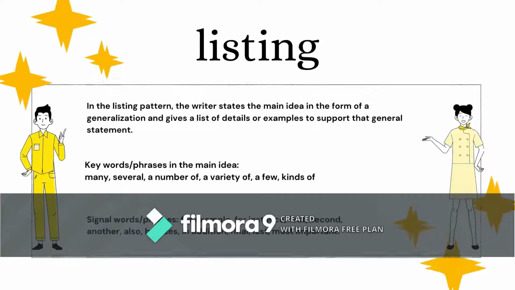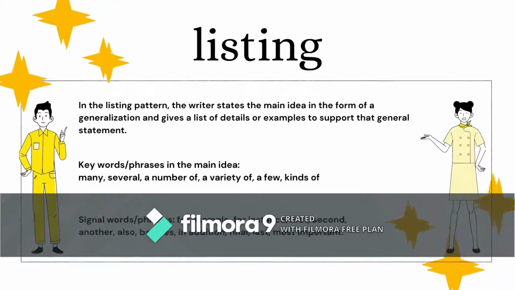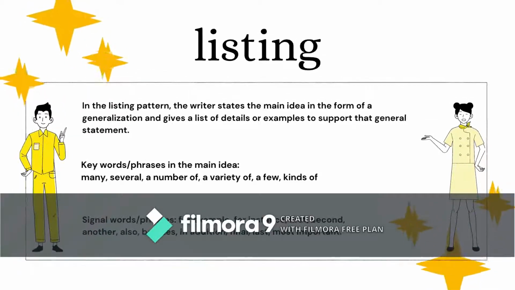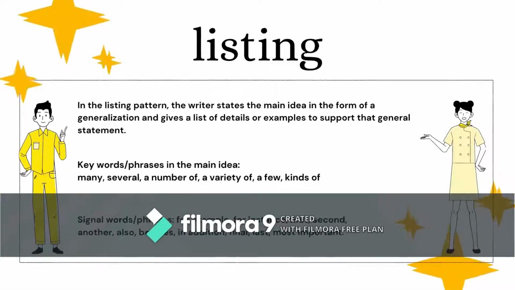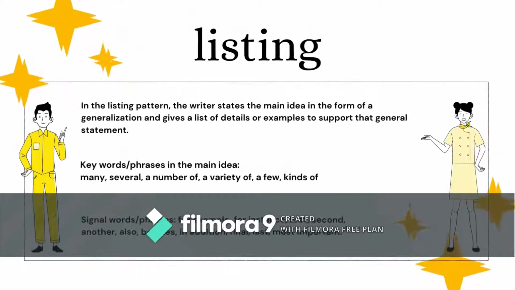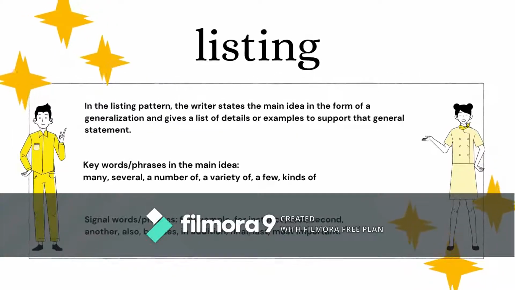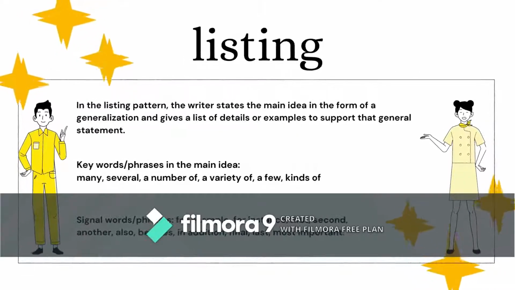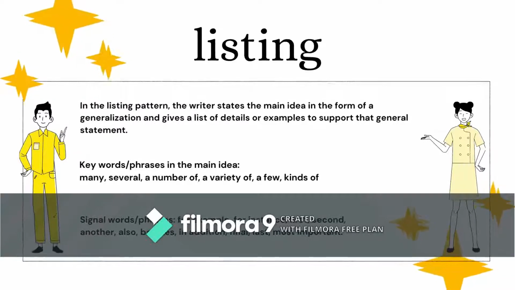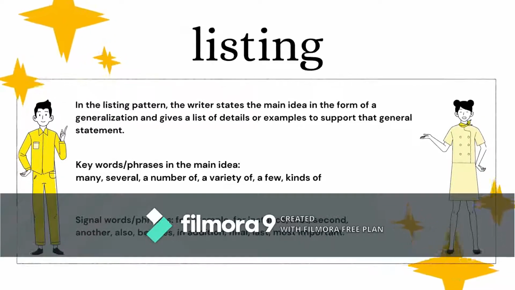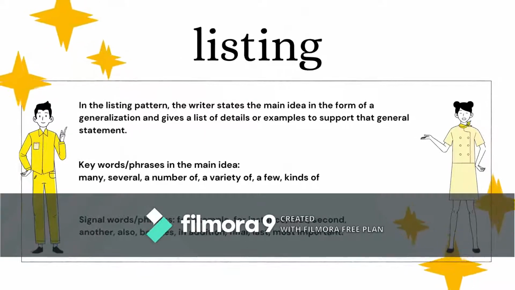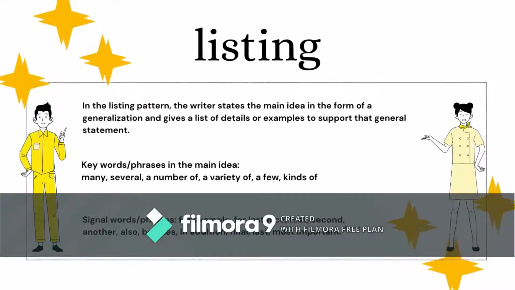In the listing pattern, the writer states the main idea in the form of a generalization and gives a list of details or examples to support the general statement. Keywords or phrases in the main idea: there are many, several, a number of, a variety of, a few, kinds of.